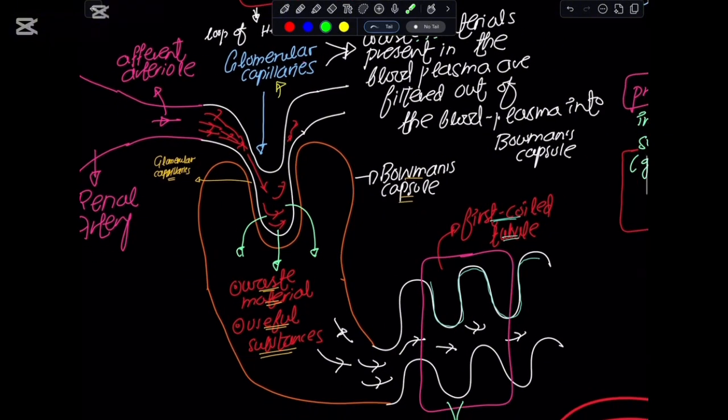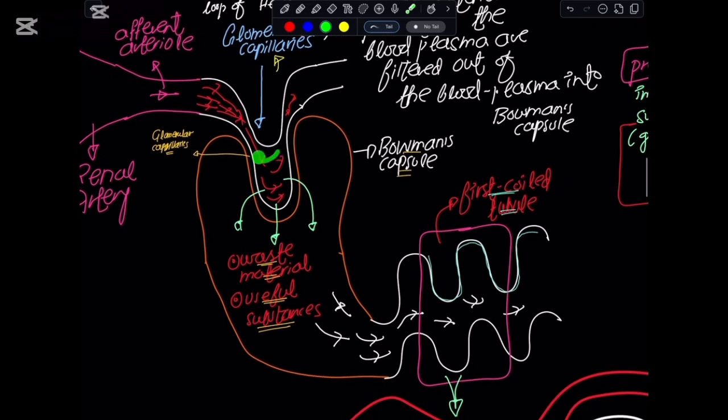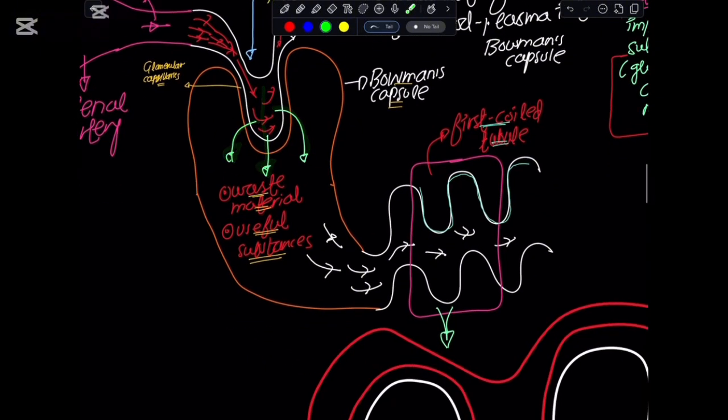Now here we have the blood in the glomerular capillary. This has some useful and waste material as well, so I need to filter them out. When I filter them out, I have taken the waste materials out and some useful materials have also come out.